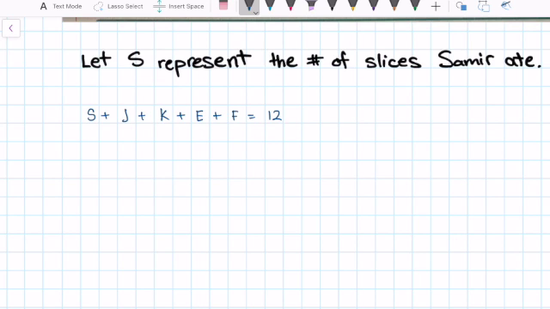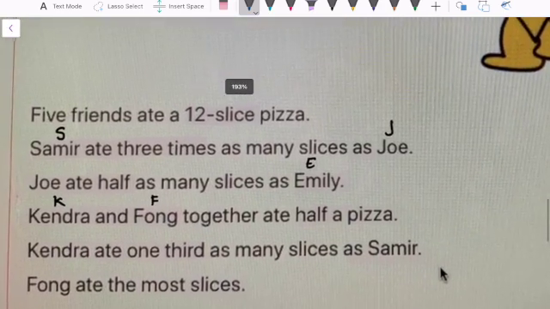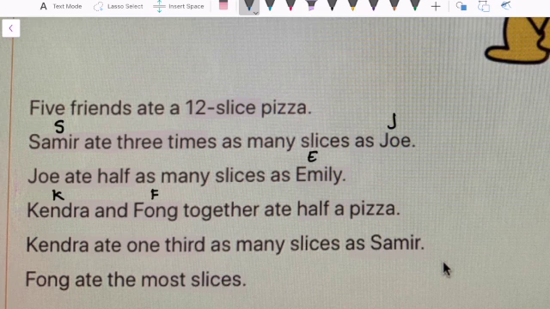The next thing that you want to do is come up with an equation for each scenario. So for our first scenario, we have that Samir ate 3 times as many as Joe. So over here, we could write down S is equal to 3J. Next, we have Joe ate half as many as Emily.